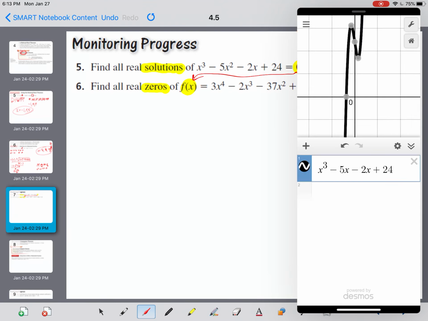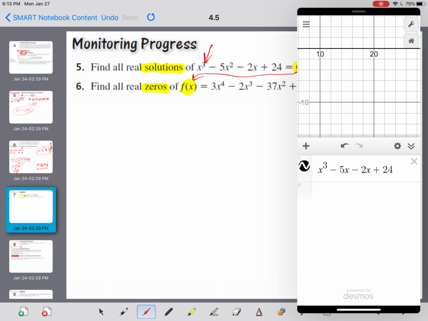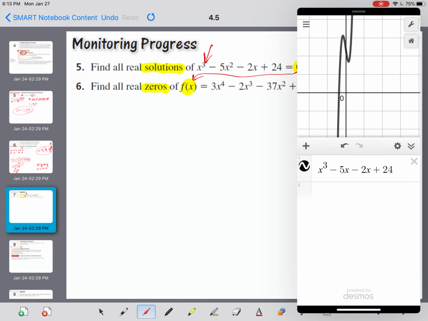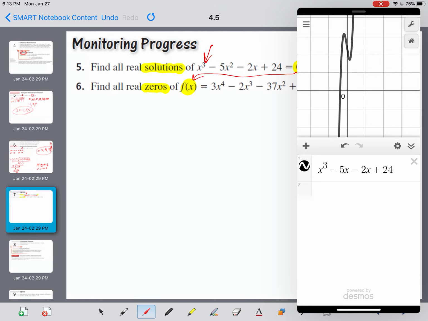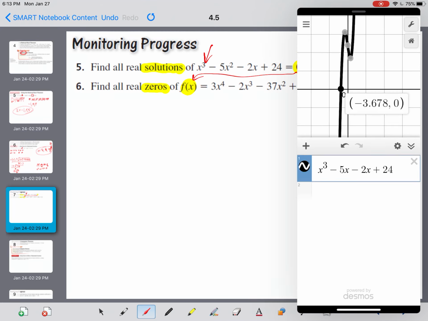Now, if you look at the graph, we should have 3 solutions. And notice where the wiggle is up here. It's way up high. It's not going through the x-axis, so it only actually goes through in one spot.